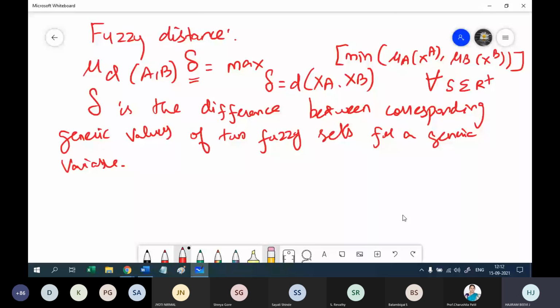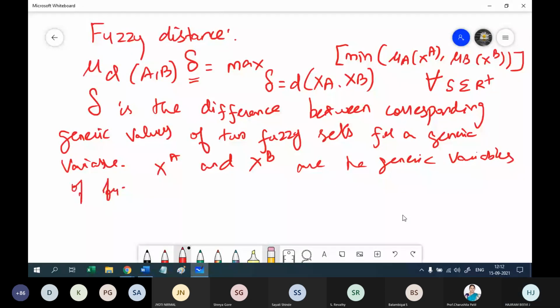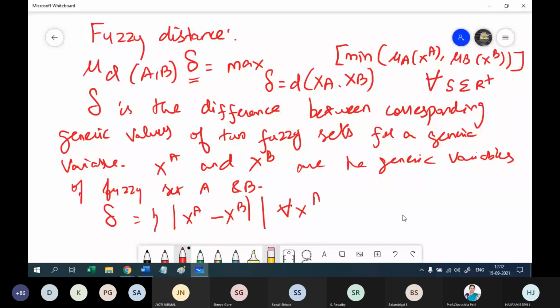So X_A and X_B are the generic variables of fuzzy sets A and B. The formula for finding the del is X_A minus X_B, for all X_A, X_B belonging to X. This is the formula.